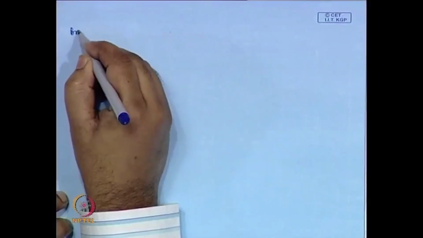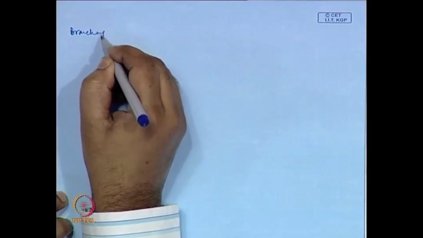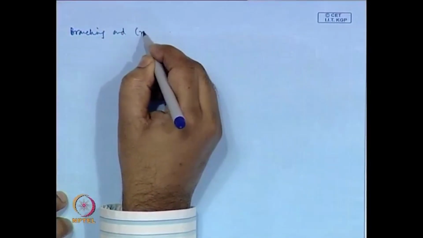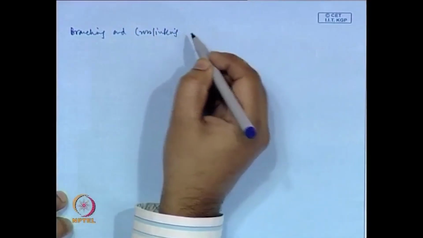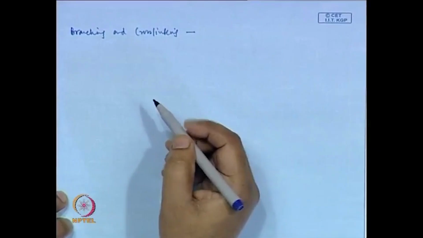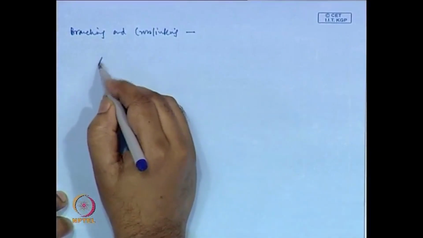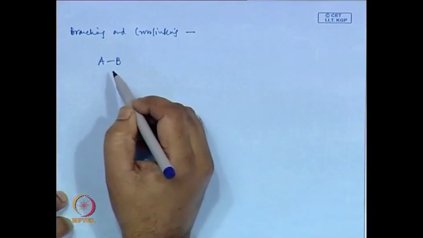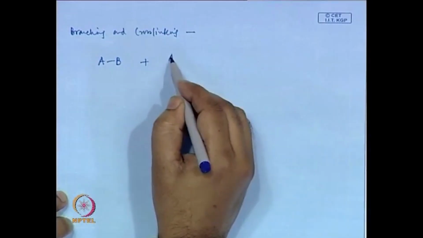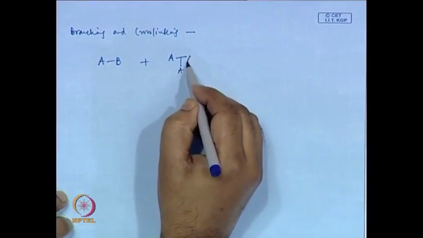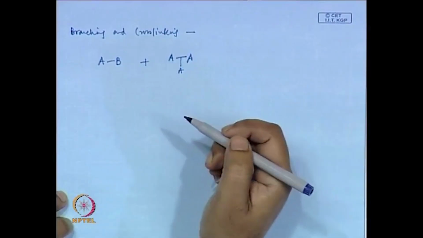Okay. Now, let us go to the next topic, which is branching and cross linking. Let us say I have a molecule with A and B functional groups, and I have a molecule like this, which has 3 A functional groups.